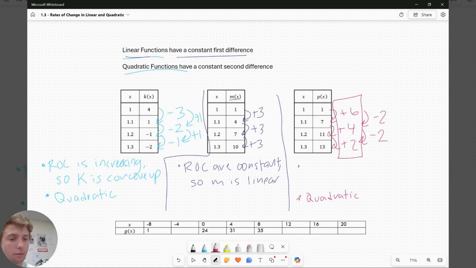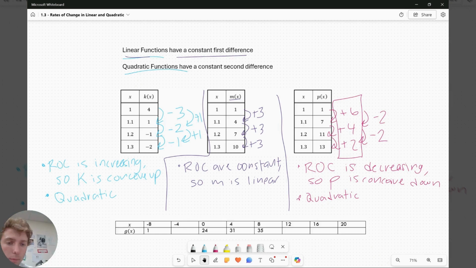Those rates of change started at 6, but went down to 4, then down to 2. So the rate of change for p is decreasing. So what does that tell us? Well, p is concave down. If your rate of change is decreasing, you must be concave down.